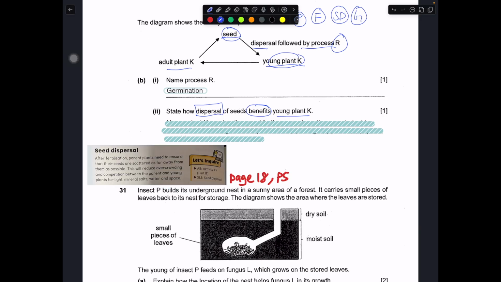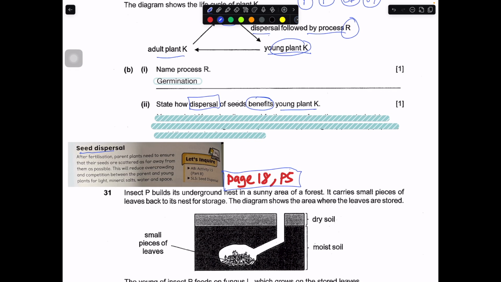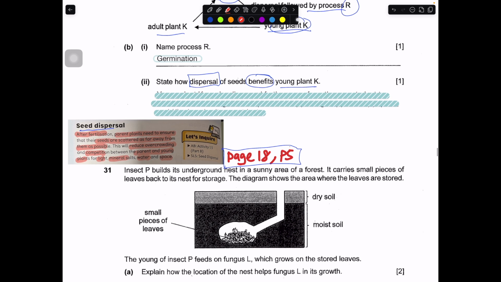So this is from the textbook, seed dispersal, page 18 of the P5 new textbook. After fertilization, the parent plant needs to ensure that the seeds are scattered far away from the parent plant. Why? Because they want to reduce overcrowding and competition between parent plant and young plant for light, mineral salts, water, and space. So you can write it in this way.